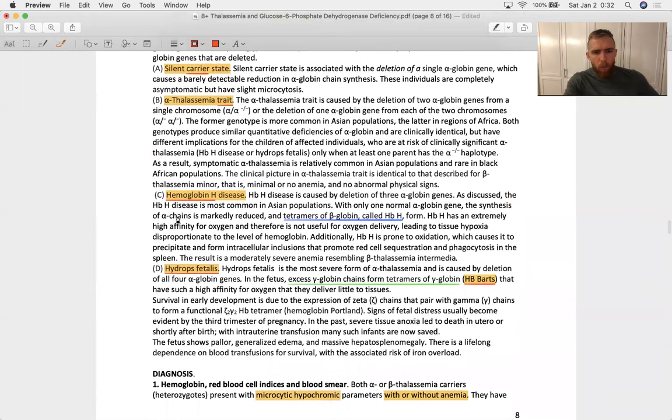So what's particularly notable from page 8 here, again, if you see hemoglobin H, understand that it's a tetramer of 4 beta globin units. Because if you have an alpha thalassemia, you've got no problem making beta globin.